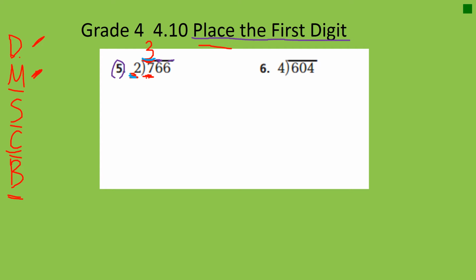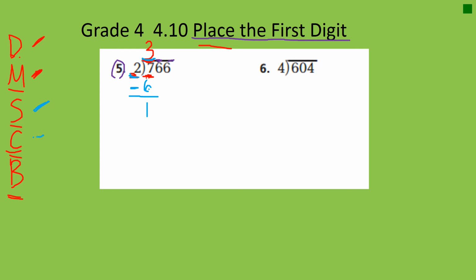What's 3 times 2? 3 times 2 is 6. So we're going to put the 6 there. And now we're on the S for subtract. We have divided 6 sets of 100 away, so we're going to subtract it. 7 minus 6 is 1, so we have 1 set of 100 left.